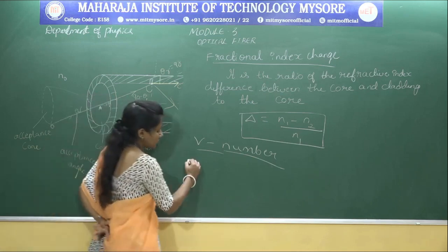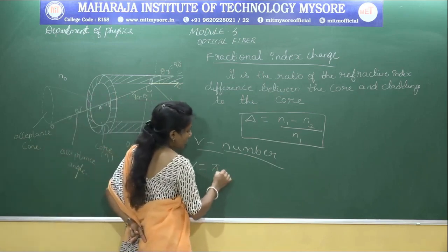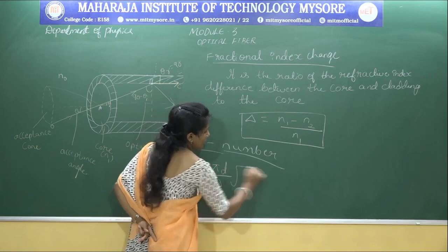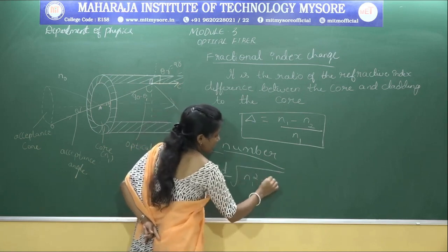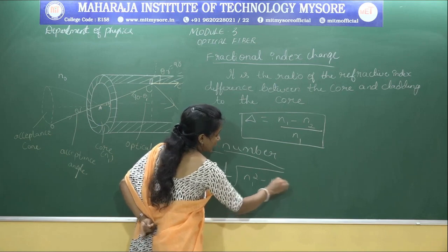Therefore, it is defined by V is equal to pi d divided by lambda times the square root of n1 square minus n2 square, the difference of refractive indices of core and cladding.